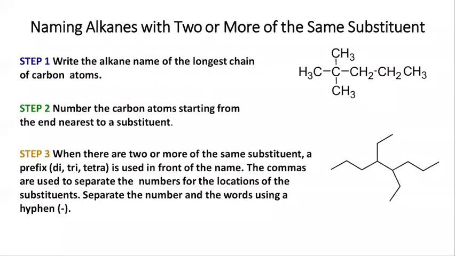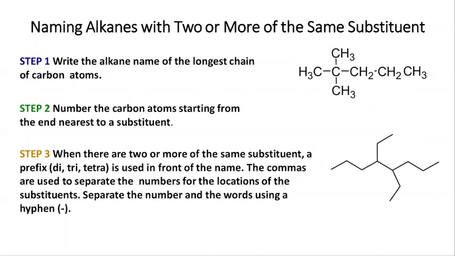The numbers for the locations of those substituents, we have to separate them by a comma, and that is always given before the name of the substituent. And remember that the separation between numbers and words is also a hyphen. So let's do the condensed structure that we have above.